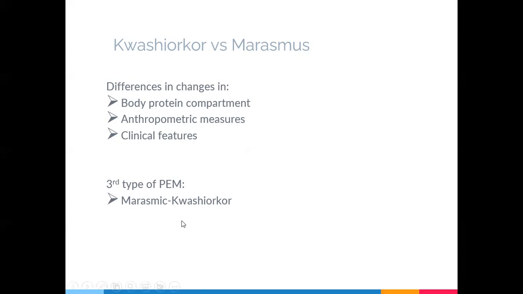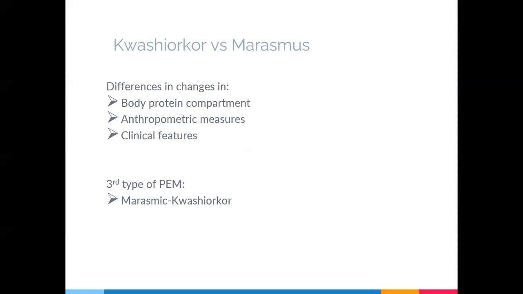Again, there's a third type of PEM, which is called marasmic kwashiorkor. Si marasmic kwashiorkor is usually would happen, no, when a marasmic child gets a very serious infection. Okay, that would complicate into marasmic kwashiorkor. So among the three, ang pinaka-severe, no, is marasmic kwashiorkor.